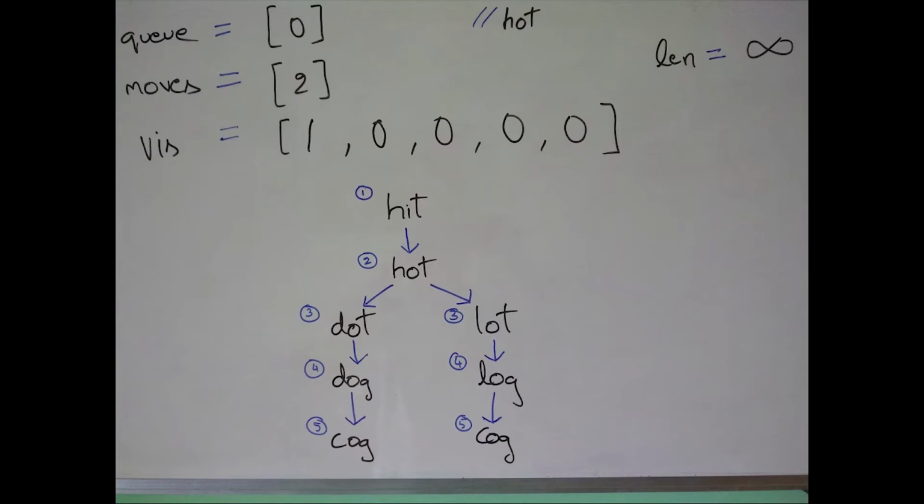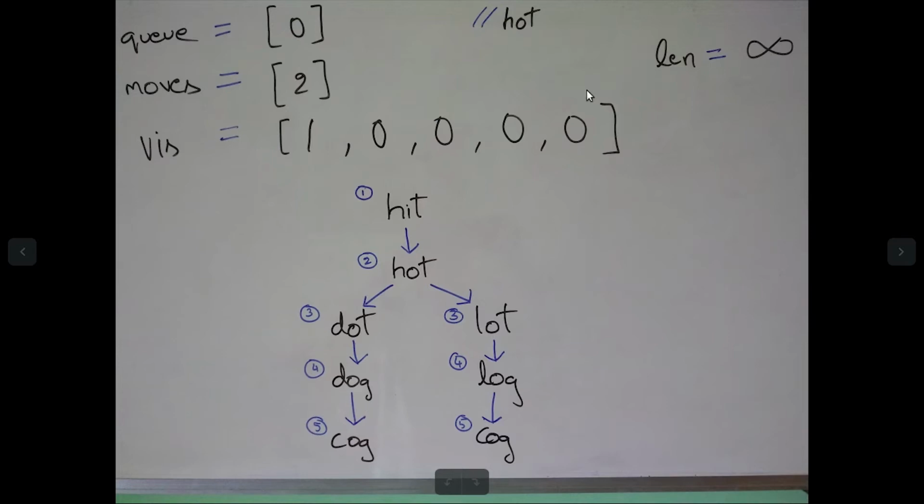Now we check the current element that has been polled out based on the index. We poll out 0 and the element is the 0th element, that is hot. We check if the difference between hot and the last element, cog, our final element, is just 1 character.